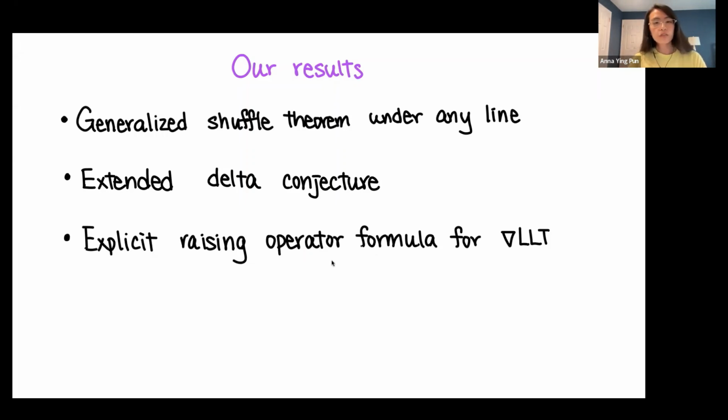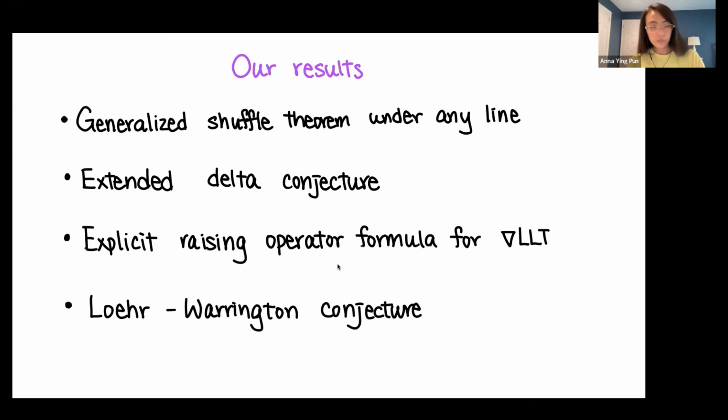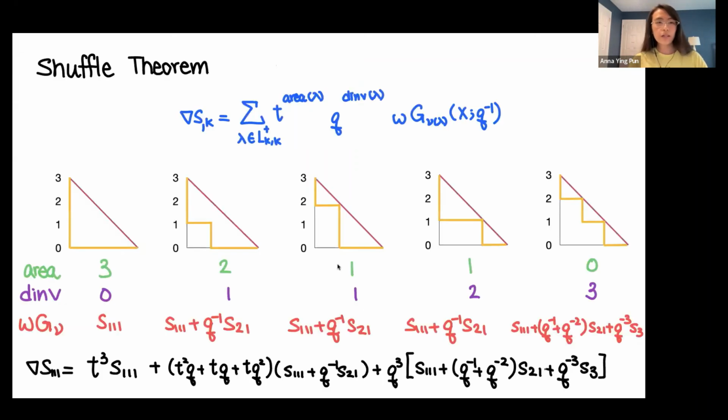It gives you an explicit raising operator formula for the Nabla of LLT polynomials, because our way to define the big CAT, the CAT and animal, is basically a raising operator. And then we prove the Warrington conjecture by looking at a special CAT. And we also modified it to prove the Macdonald polynomial raising operator formula. Anyway, so that's our CAT.